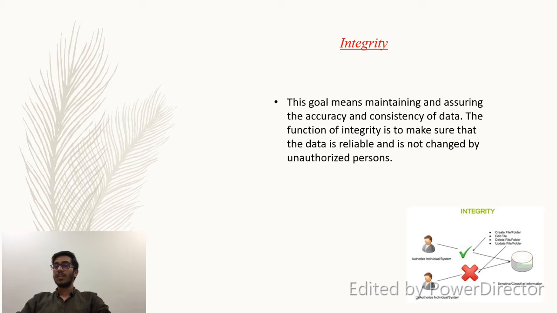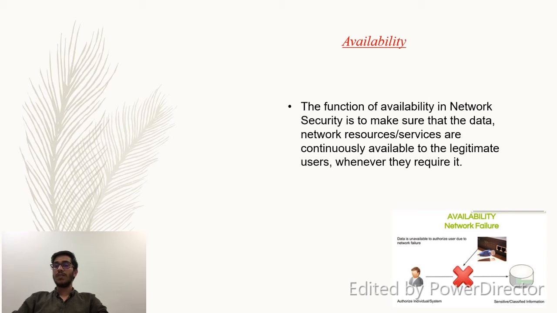The function of integrity is to make sure that the data is reliable and not changed by an unauthorized person. And availability: the function of availability in network security is to make sure that data, network resources, and services are continuously available to legitimate users whenever they require it.